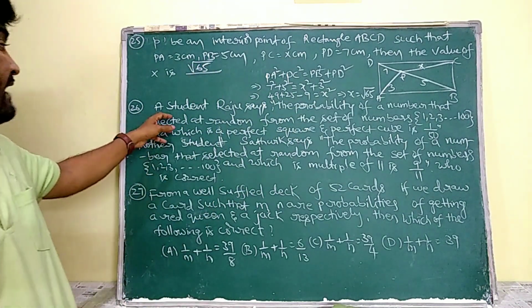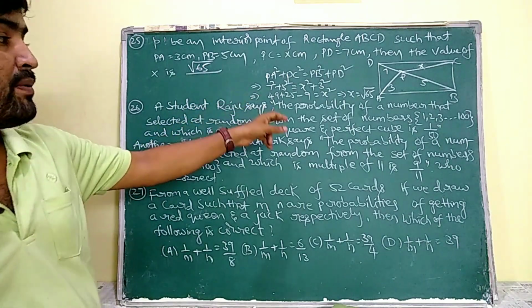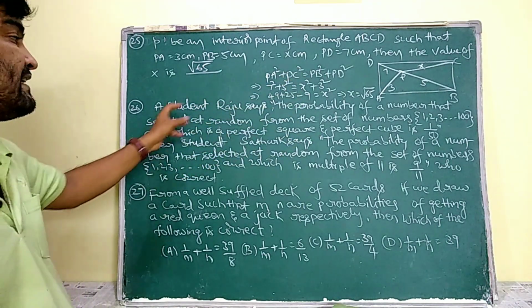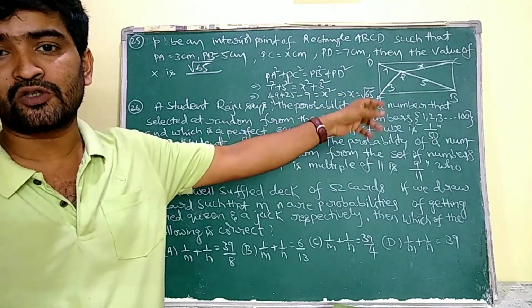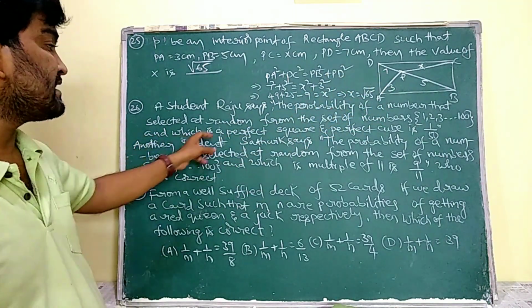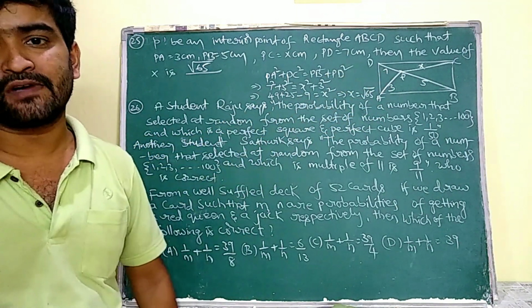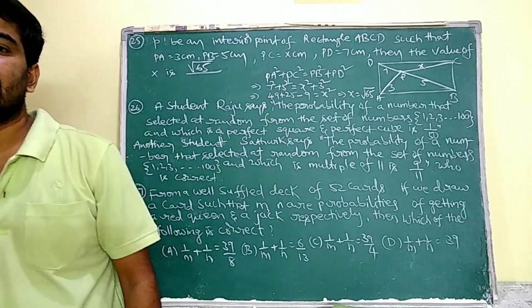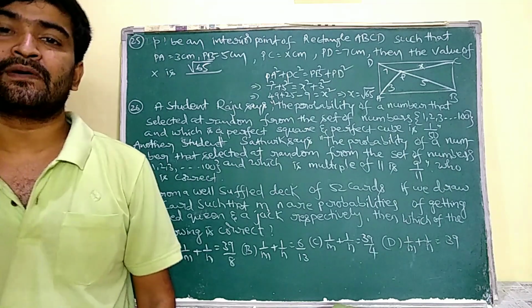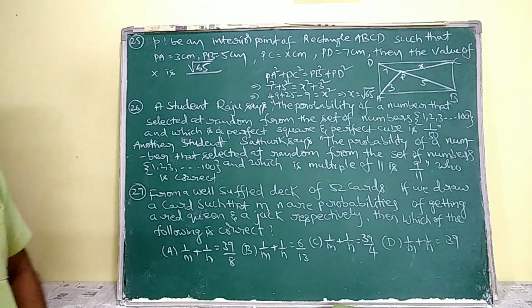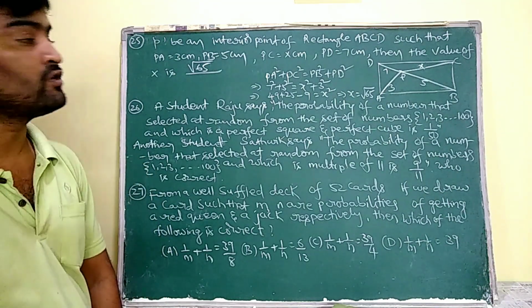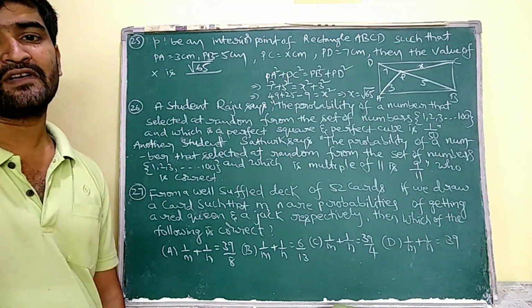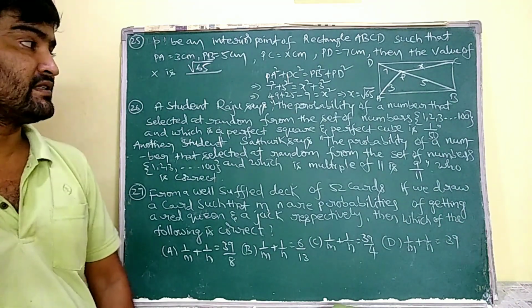Now see, a student Raju says the probability of a number selected at random from the set of numbers 1 to 100 which is a perfect square and a perfect cube is 1 by 50. Out of those 100 numbers, how many numbers are there which are both perfect square and perfect cube? We have to see. Perfect squares from 1 to 100 are 10 in number, 1 square, 2 square, 3 square, like that.